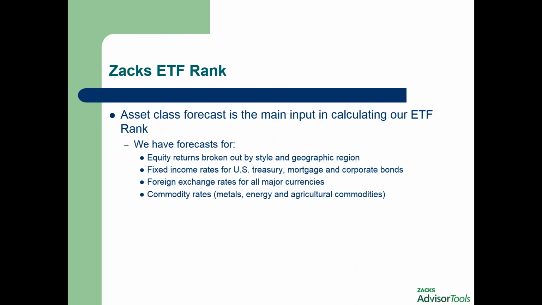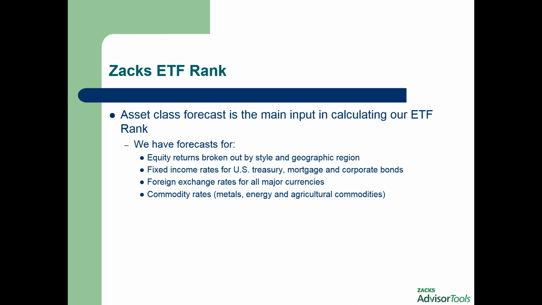The last ranking that we have for the securities that we cover is the ETF rank, and this rank can really be seen more as an asset class rank. And the asset class forecast is the main input in calculating the Zacks ETF rank. We do have a forecast for equity returns broken out by style and geographic region, fixed income rates for U.S. Treasury and mortgage and corporate bonds, foreign exchange rates for all major currencies, and commodity rates for metals, energy, and agriculture commodities.